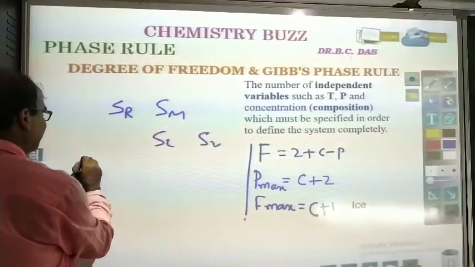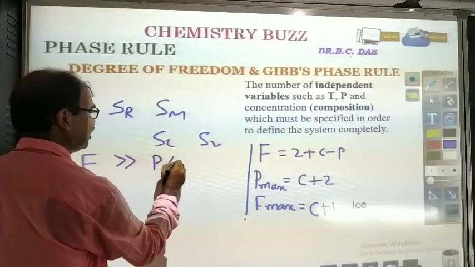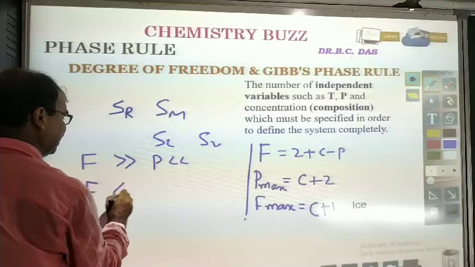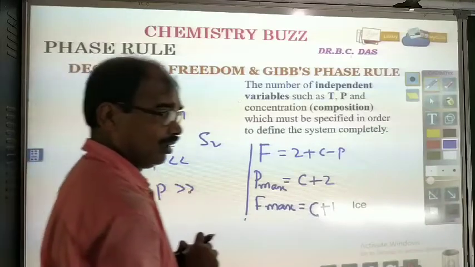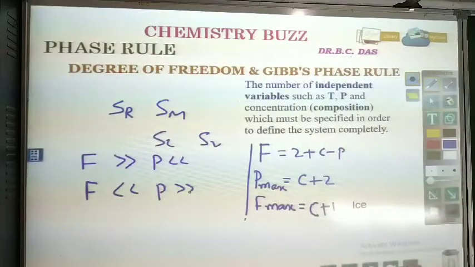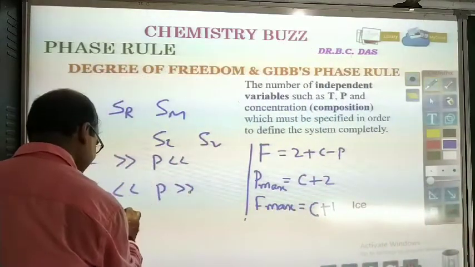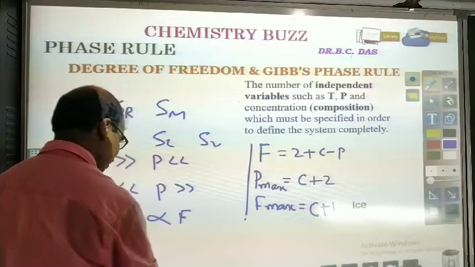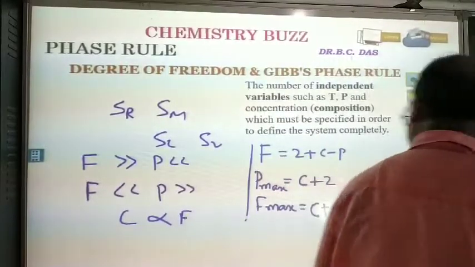When the degree of freedom F increases, P decreases, and when F decreases, P increases. So you can say when the phase remains constant, the component is directly proportional to the degree of freedom. If component increases, then the degree of freedom will increase.